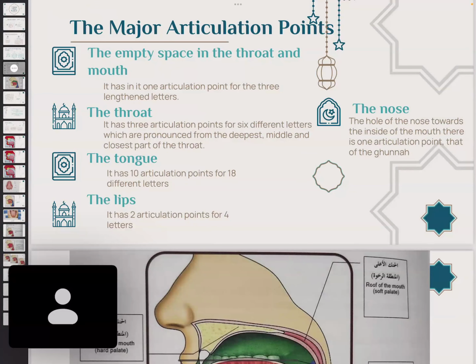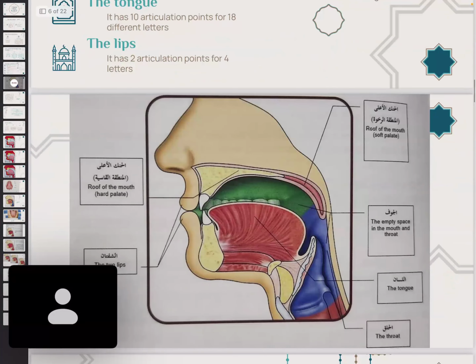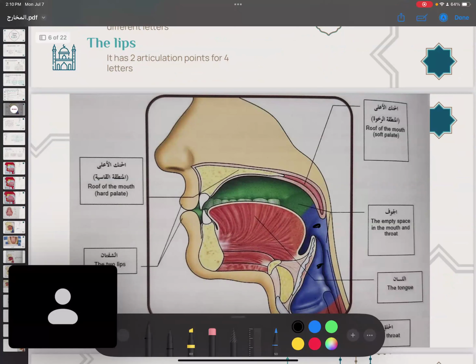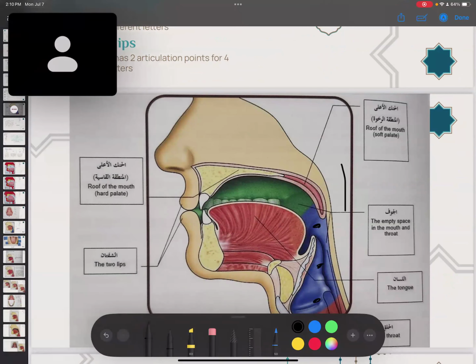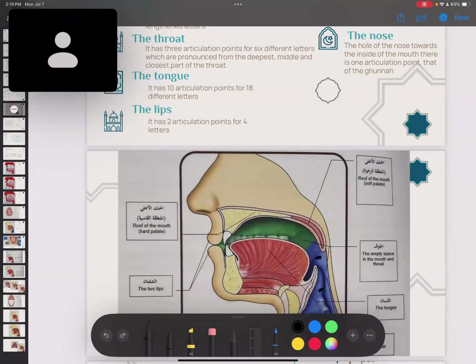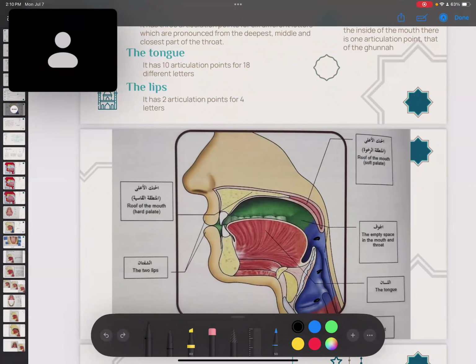And then the throat, the halq, has 3 articulation points for 6 different letters, which are pronounced from the deepest, middle, and closest part of the throat. There will be a picture here. So you have 3 different points in the throat: the deepest, the middle, and the closest.